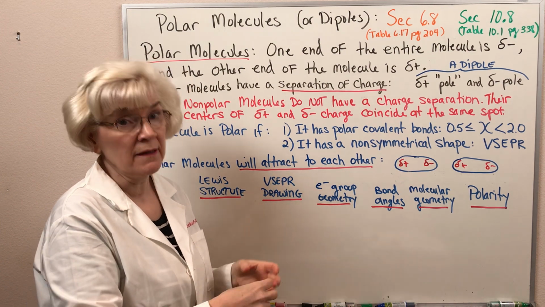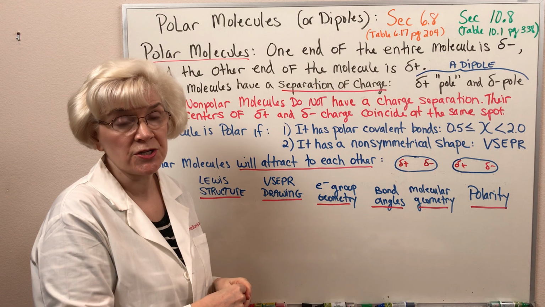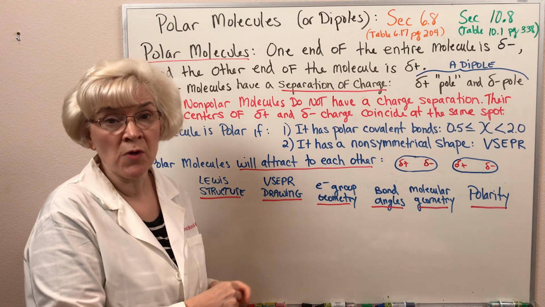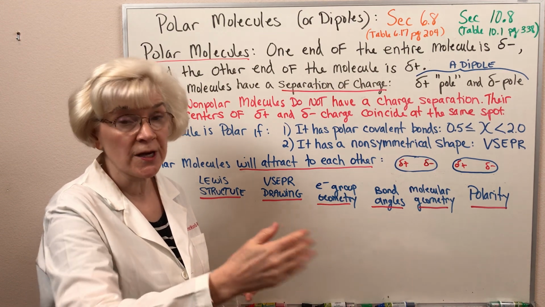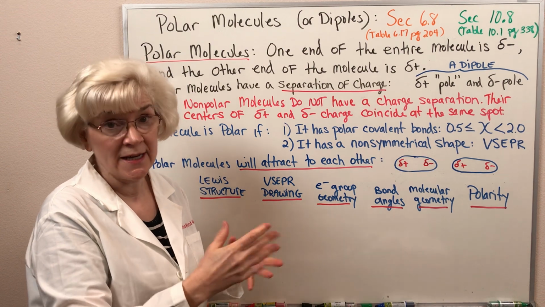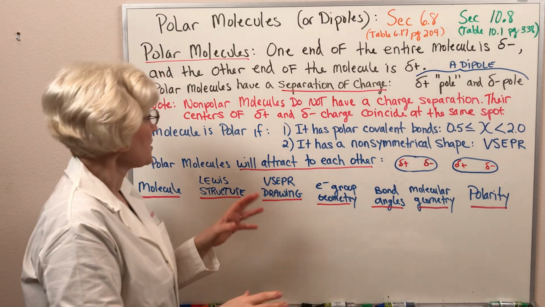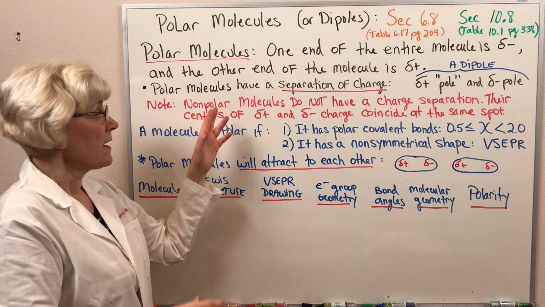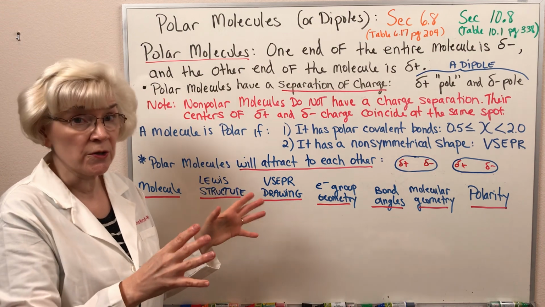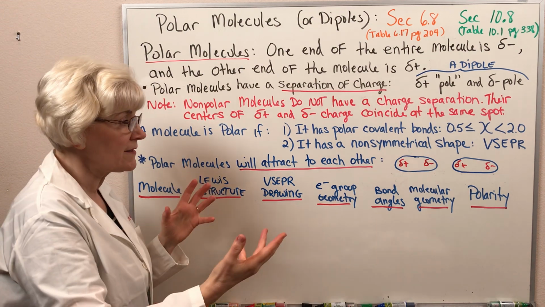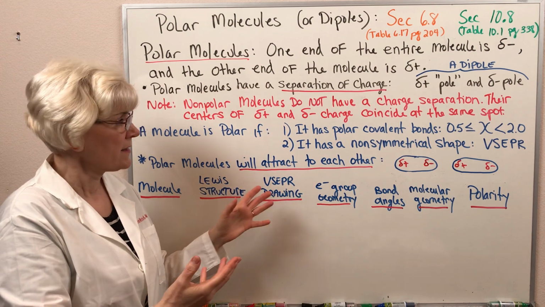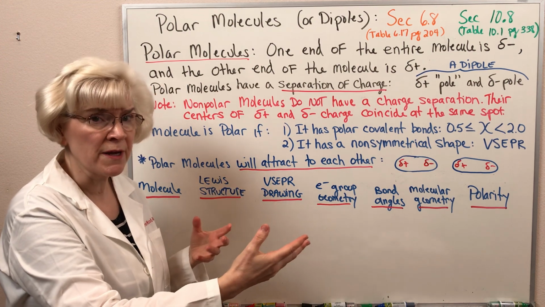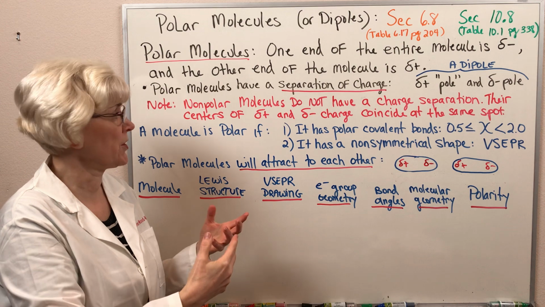How big is this separation of charge? And the concept of dipole moment is explored further as you continue your studies in chemistry. I should mention here that not all molecules are polar. That's the point of what we're discussing at this moment. How can we determine whether a molecule is polar or not?